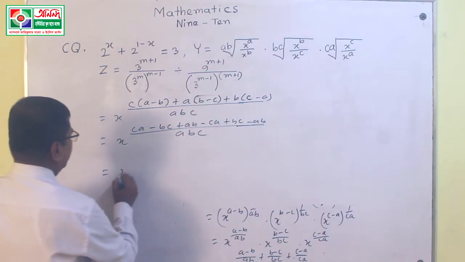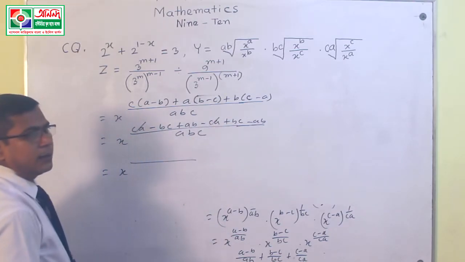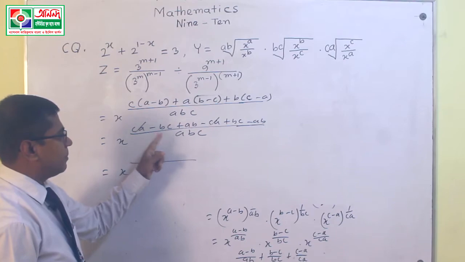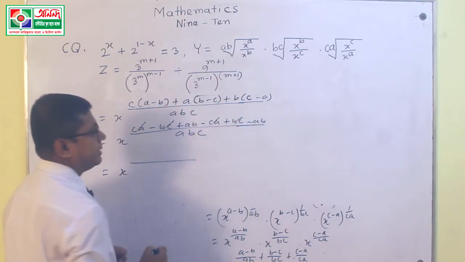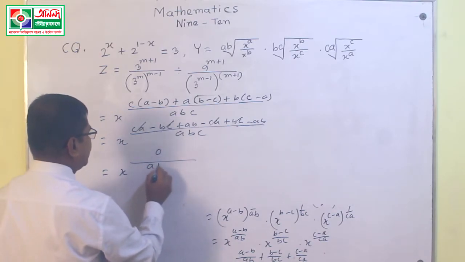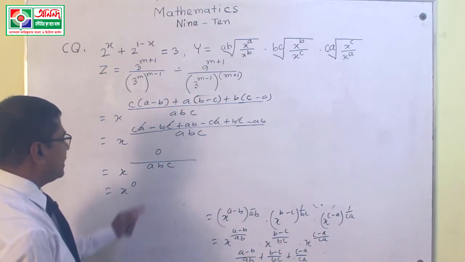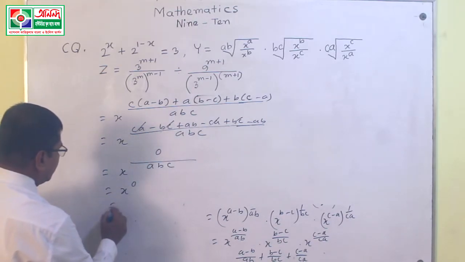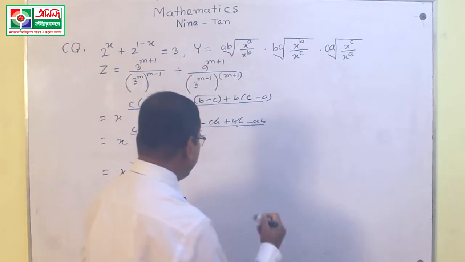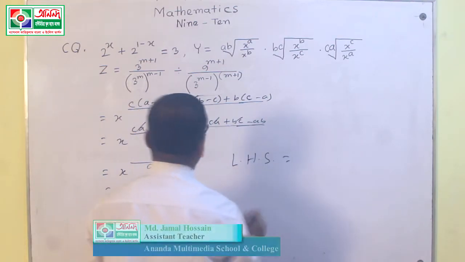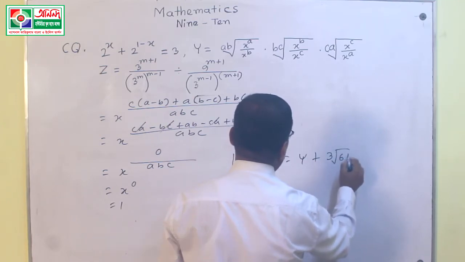Now look at, plus ca and minus ca subtracted is 0, plus bc and minus bc is 0, and plus ab and minus ab is 0, so 0 by abc, and you can write here x to the power 0, because if we divide 0 by abc, we get 0. x to the power 0 equal to 1. Now we can write the left hand side. Yes students, look at, left hand side equal y plus cube root 64.